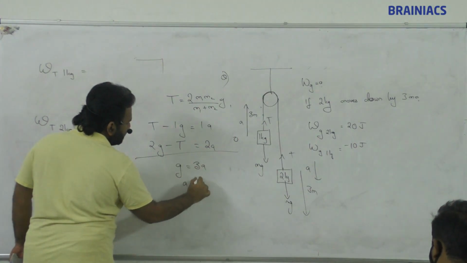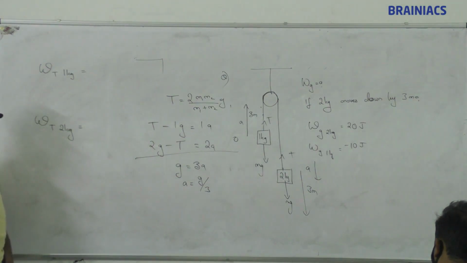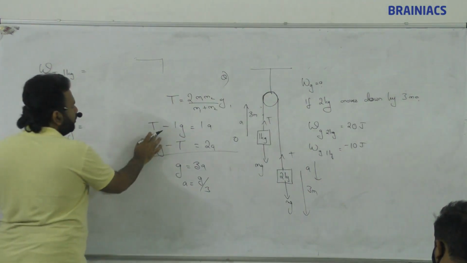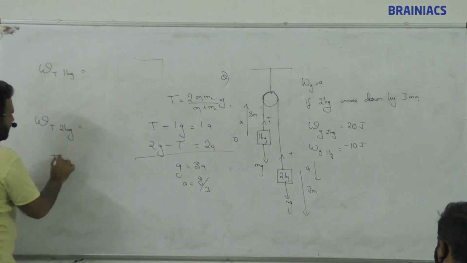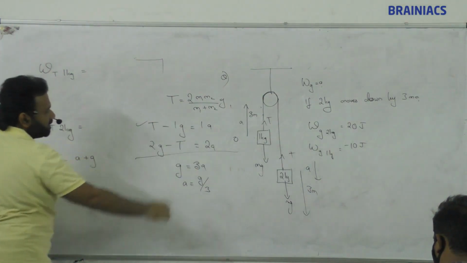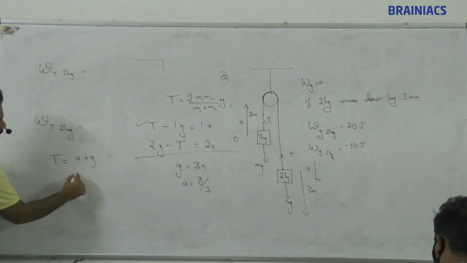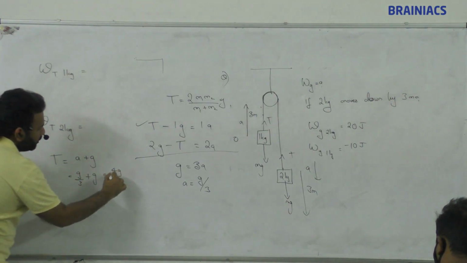So acceleration is going to be g by 3. If we put it here, we will be able to find tension. T is equal to a plus g, from this equation. So this is going to be g by 3 plus g.